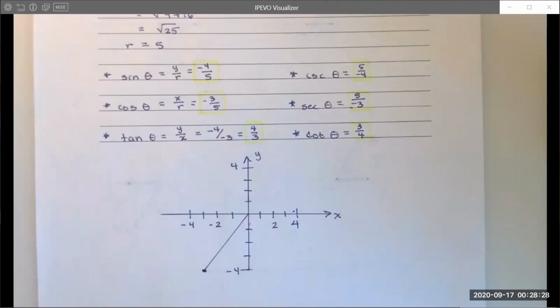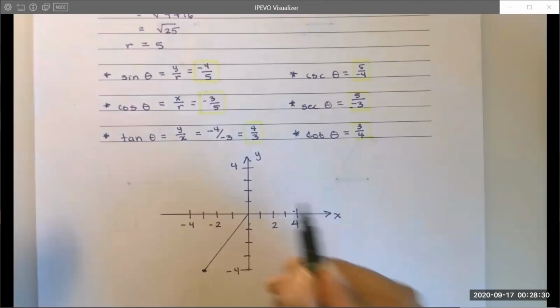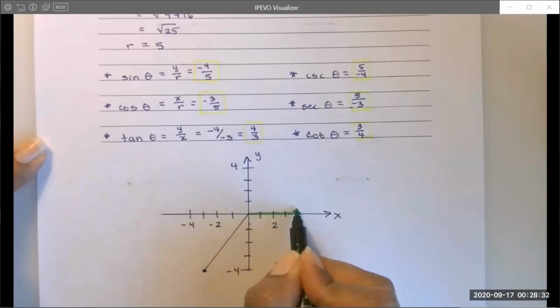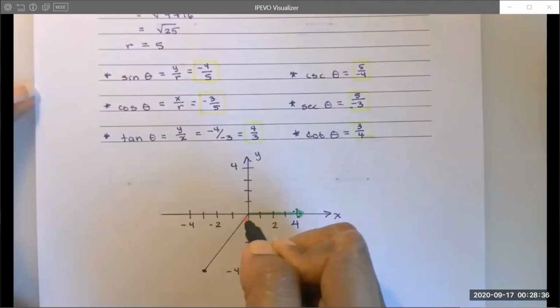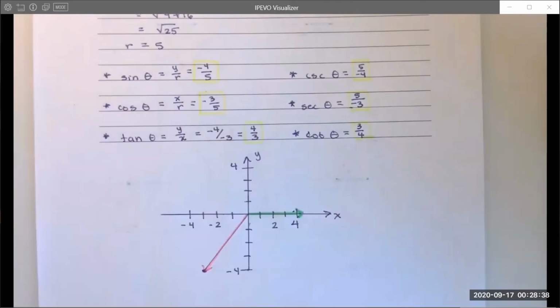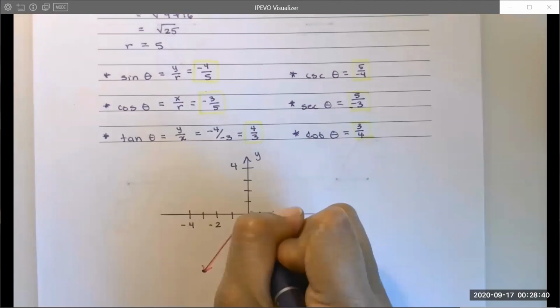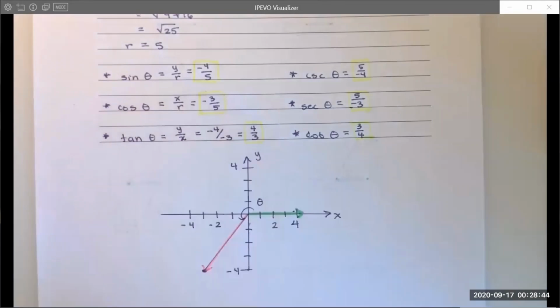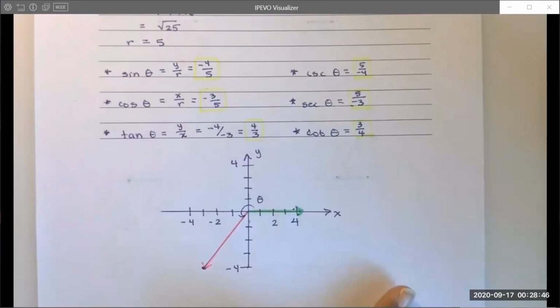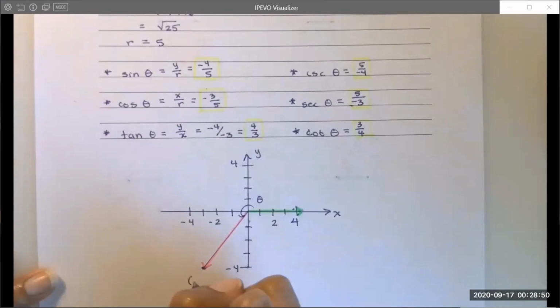Initial side is always on the positive x-axis because we do draw it in standard form. But this here would be our terminal side, which means this whole thing would be the unknown angle theta. They don't tell us what it is, except this is -3, -4.